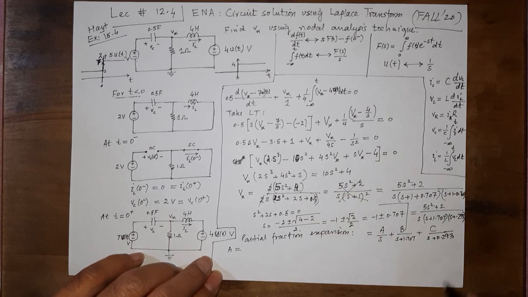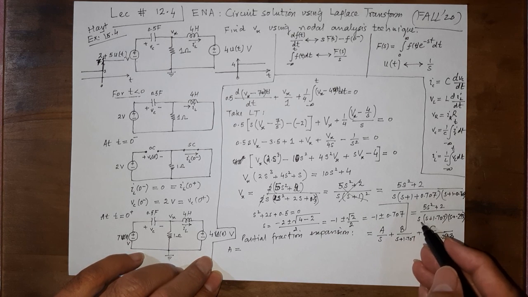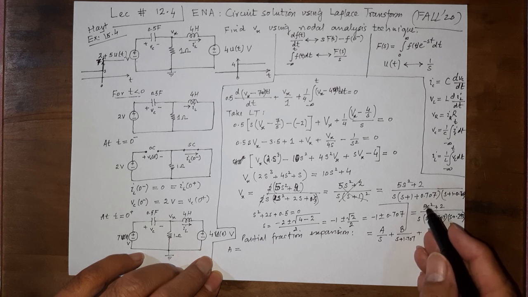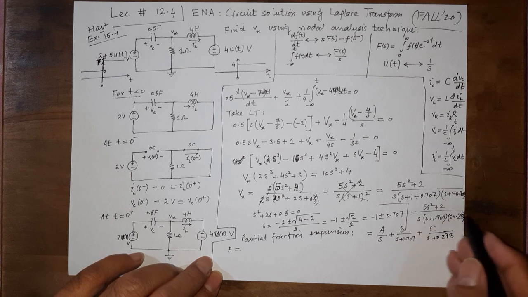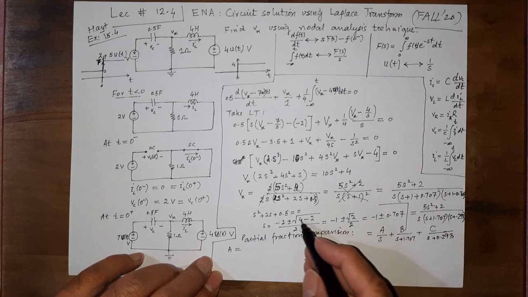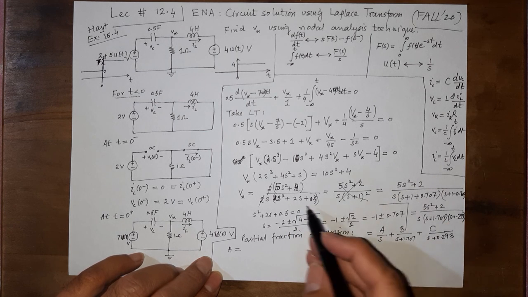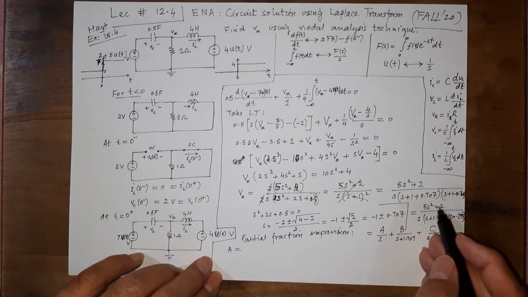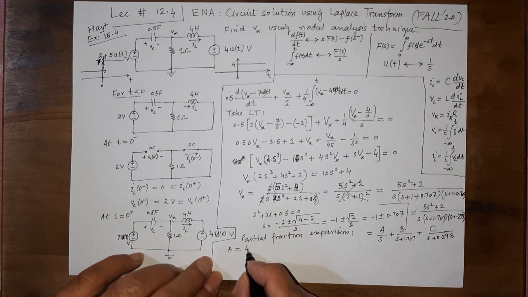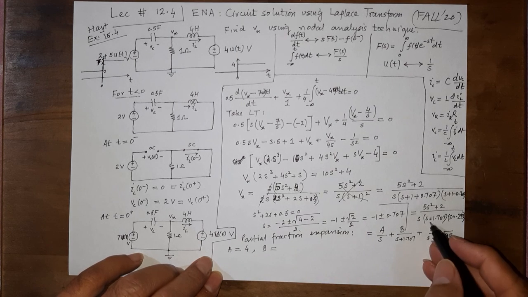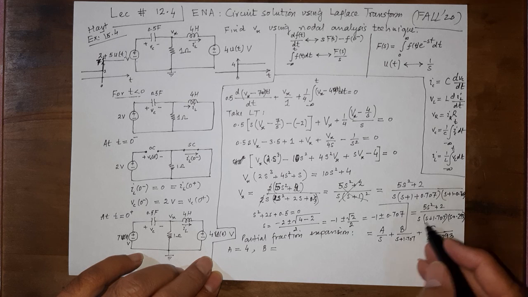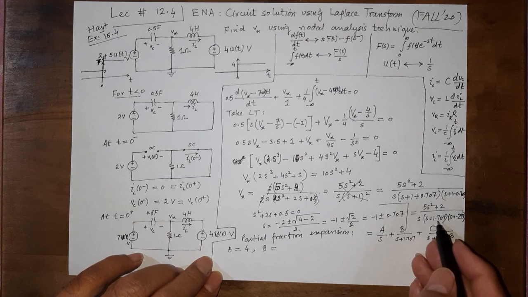What we have to do is multiply throughout by s and then put s equal to 0. So we are going to get 0, 2 over this term, in fact, this term, 0, 0 and only 0.5. So 2 over 0.5. So a would be 4 and b would be multiplying throughout with this term and then putting s equal to minus 1.707.